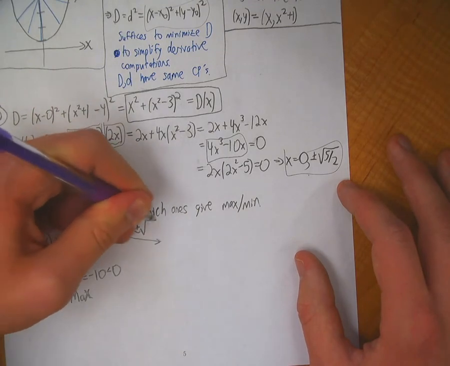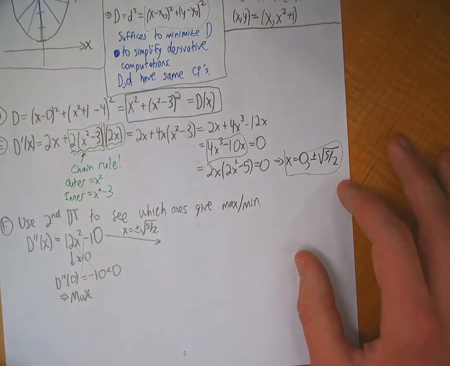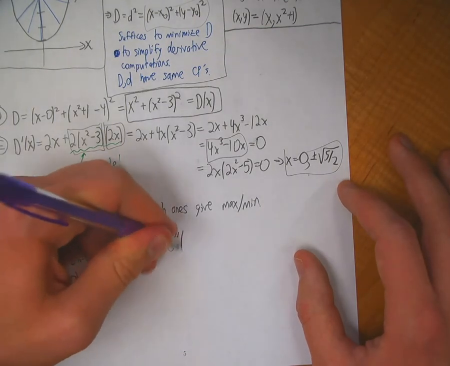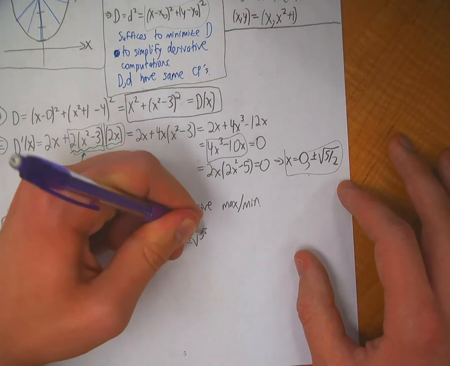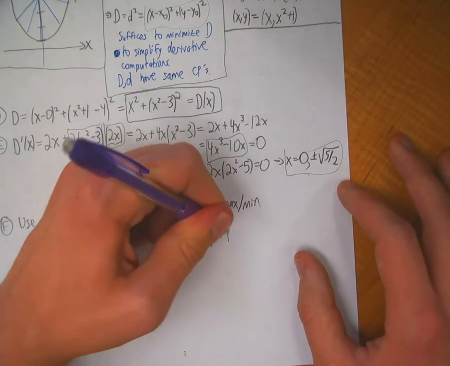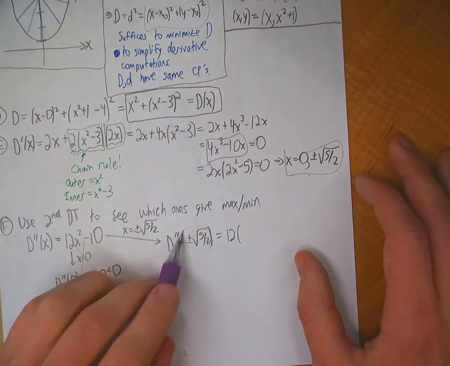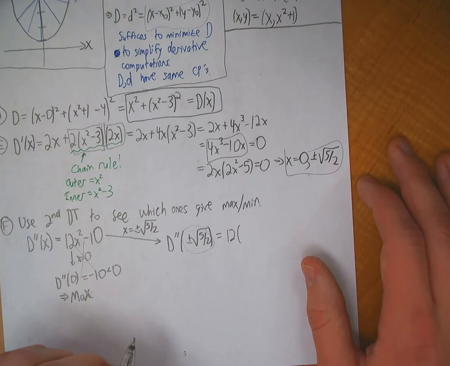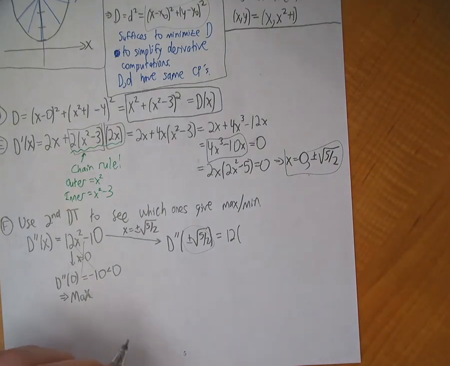So let's focus on the other two. We have x equals plus or minus the square root of 5 halves. If we plug either of those 2 points into our second derivative, what does that tell us? If we square plus or minus the square root of 5 halves, what should we get as our result?